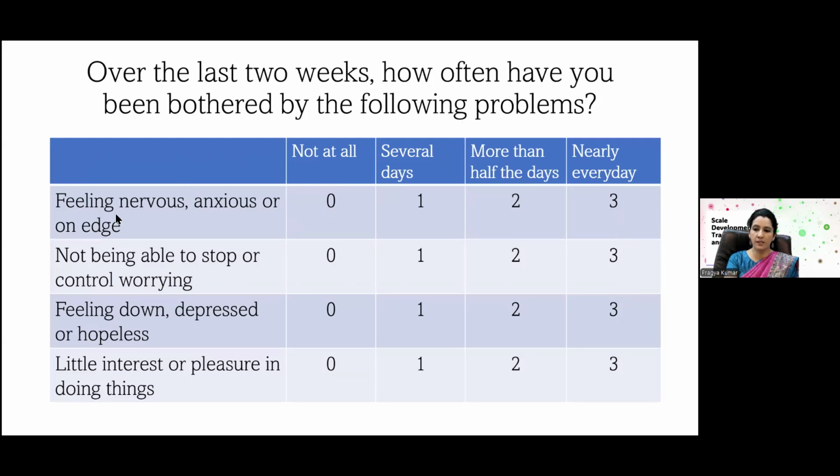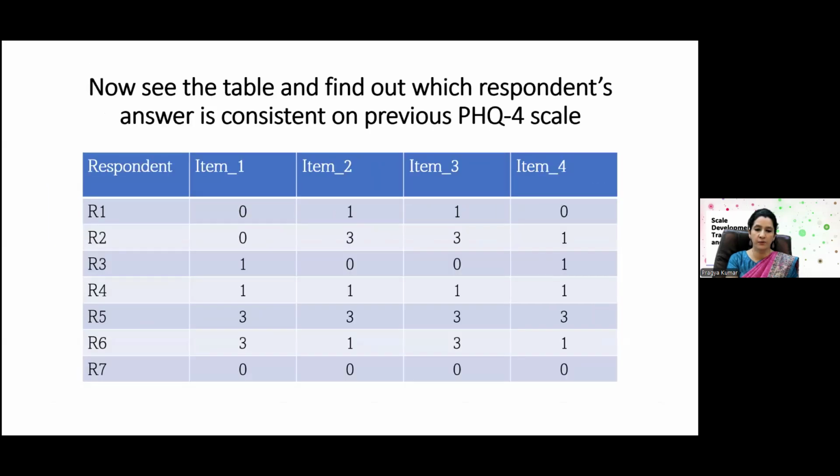And these questions are like feeling nervous, anxious, not being able to stop worrying, feeling down, depressed, and little interest or pleasure in doing things. So see this and tell us which respondent's answers are consistent.